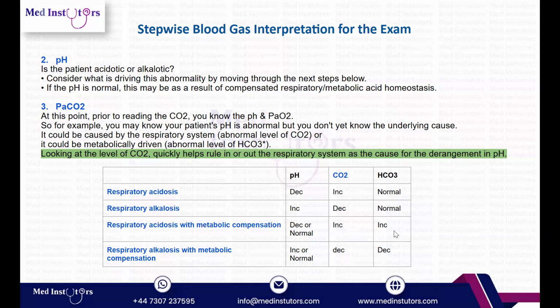At the same time, you will see a trend of increased bicarbonate ion, but still the pH is decreased. That means the kidneys are trying to compensate, but the compensation is not enough to bring the pH back to the normal range. So we would label that as partial compensation. In complete compensation, the pH would be in the normal range, but in partial compensation, the pH has failed to come back to the normal range. Am I clear about this point?